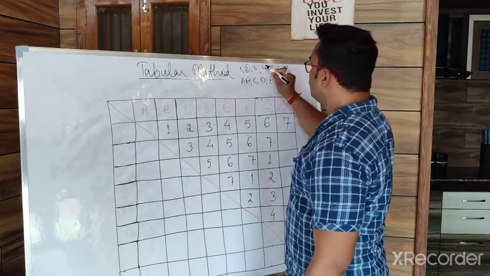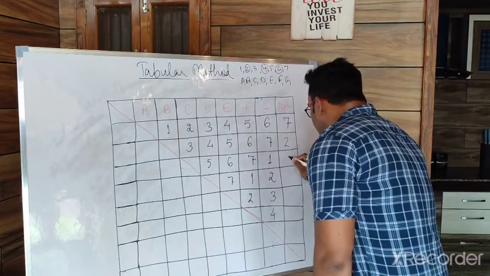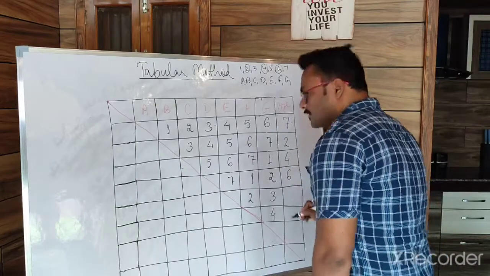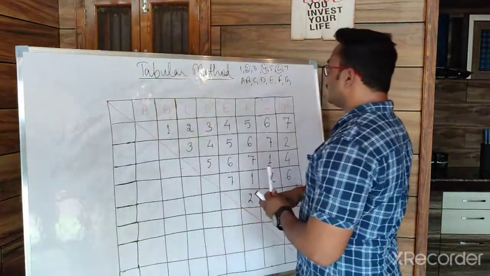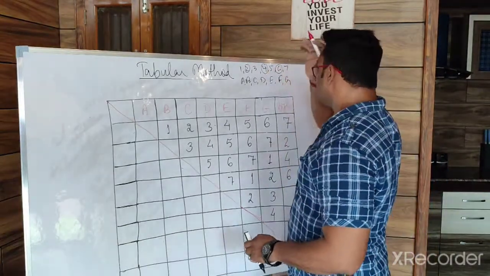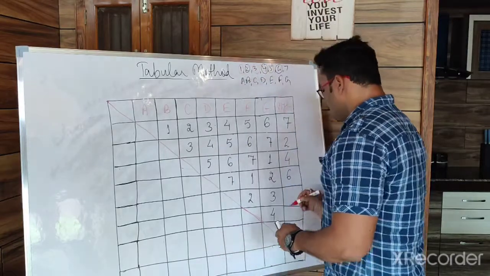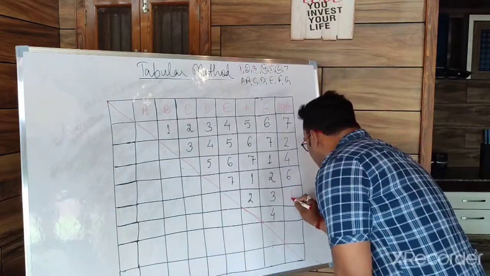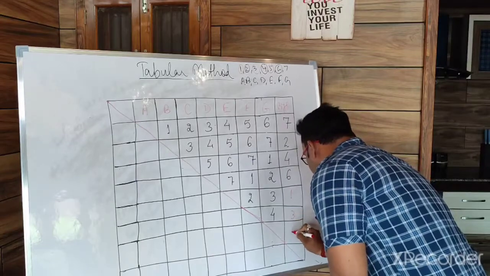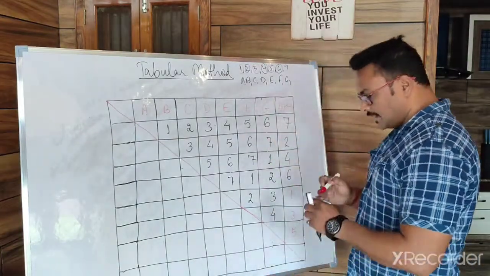The even numbers are 2, 4 and 6. Write it, 2, 4, 6. And odd numbers you can see. First we are keeping the even numbers as many as possible, then we are writing the odd numbers. Odd numbers are 1, 3, 5 and 7. 7 is already kept there. So this way we have to arrange.